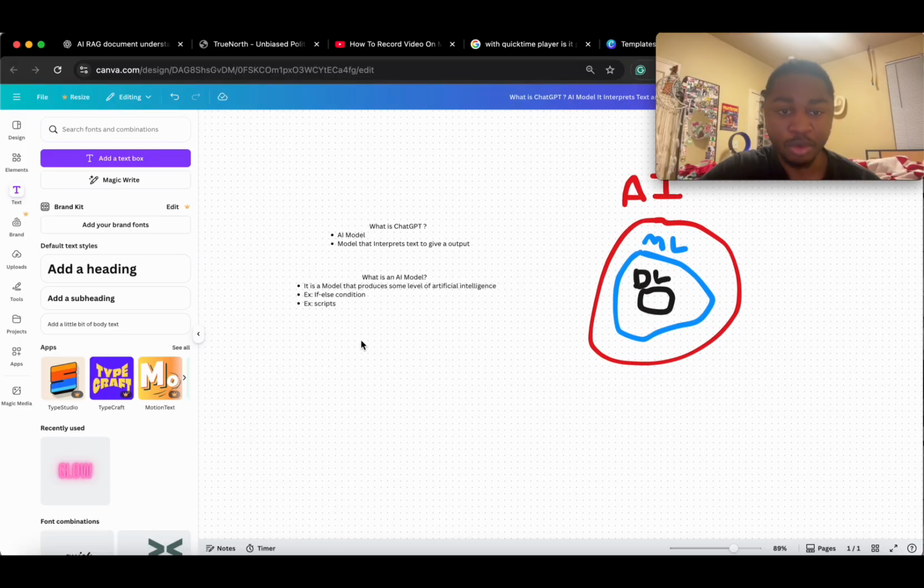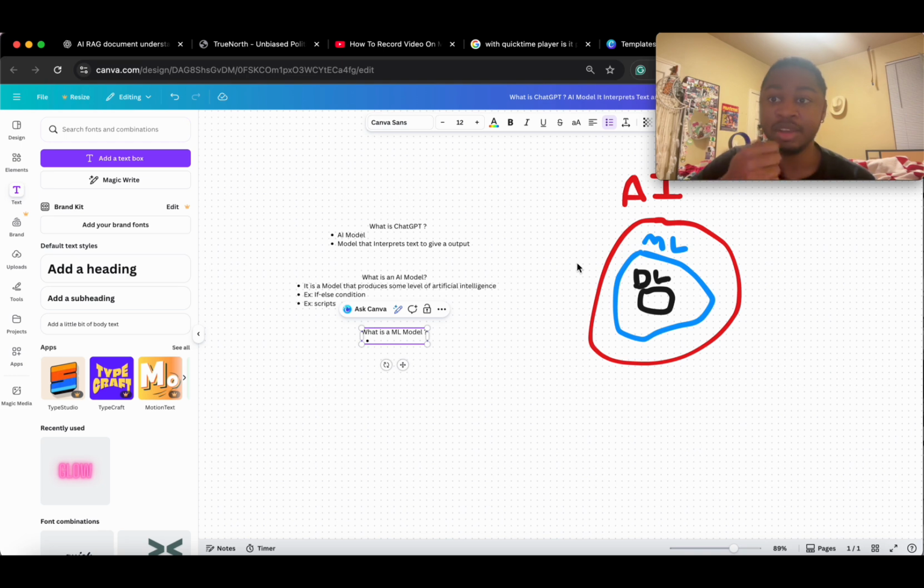So that's AI. Now we know that within AI is machine learning, right? So what is a machine learning model? It is a model that, instead of just producing some level of artificial intelligence, learns from the data that's given.